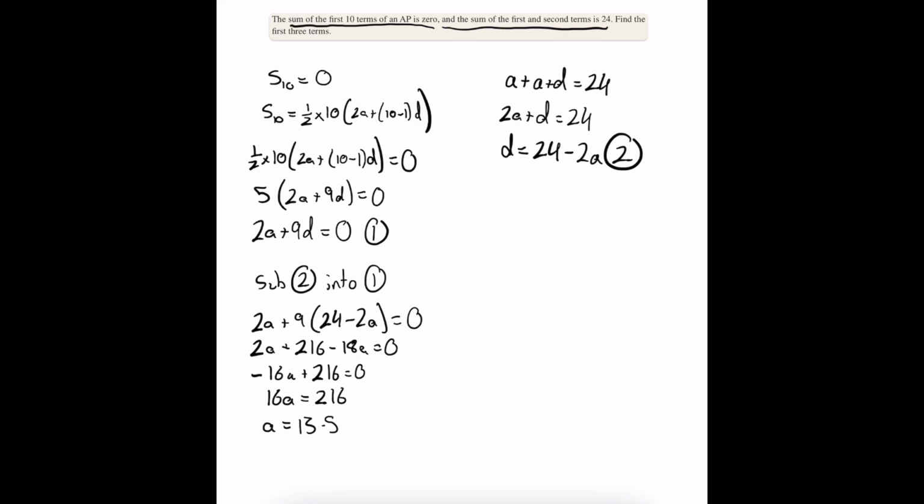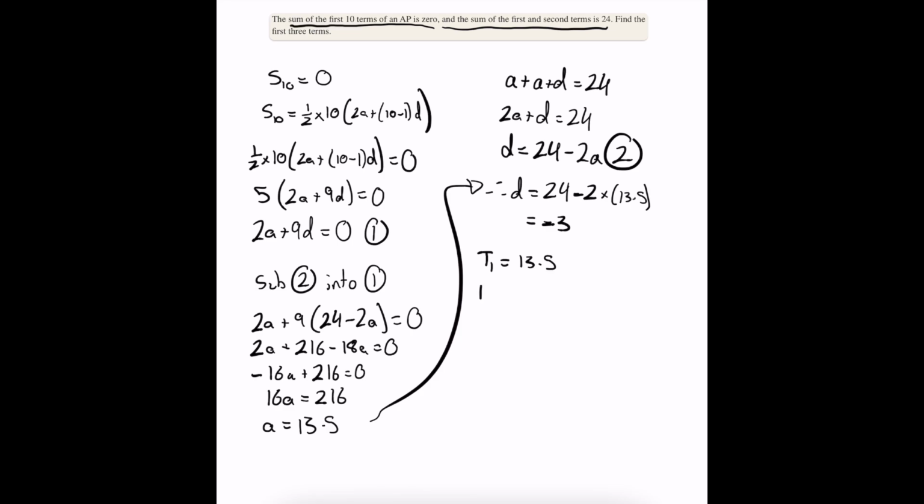Now, what is our common difference? Well, if we substitute it into here, we say therefore d is equal to 24 minus 2 times 13.5, and that is equal to -3. So now that we know our a and we know our d, we can figure out the first three terms. So t1 is equal to 13.5 because that's equal to a.